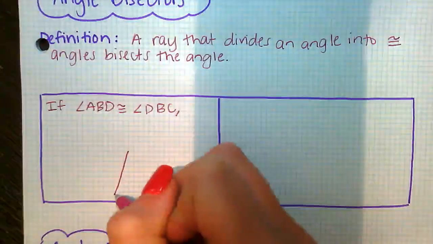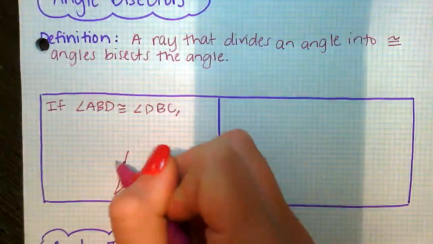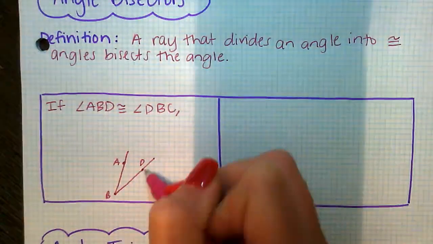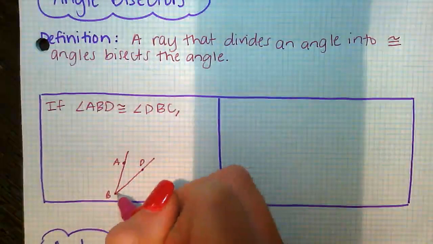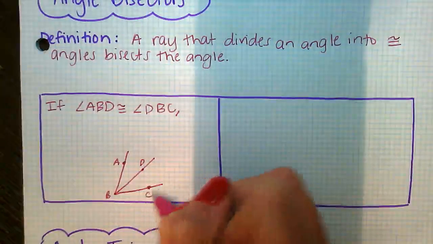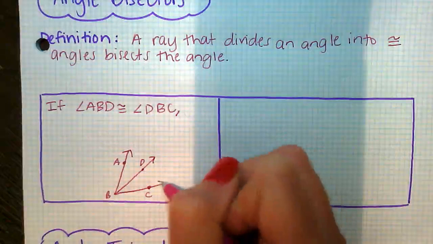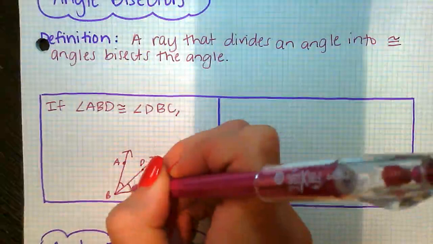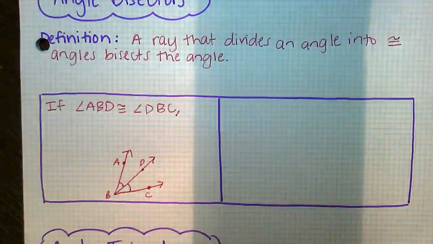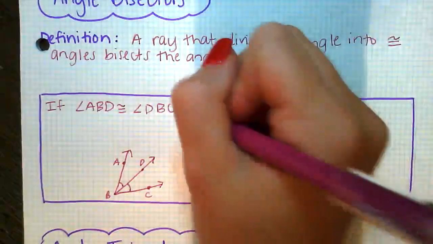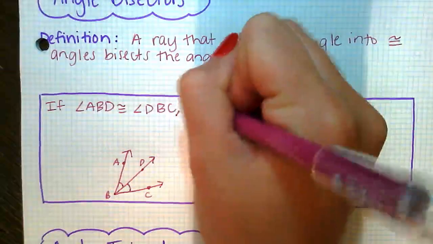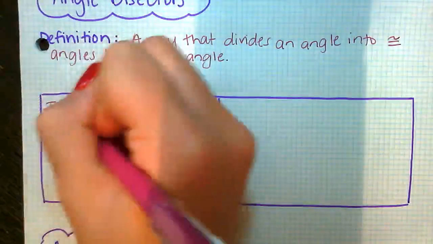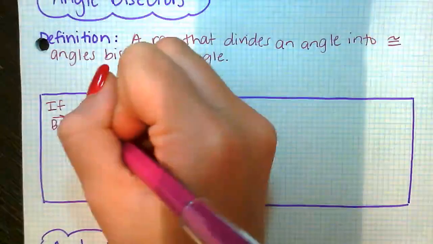Angle ABD and angle DBC. We want to know if these angles are congruent to each other. What conclusion can we make about this picture? Well, we could conclude then ray BD is the bisector of the angle.